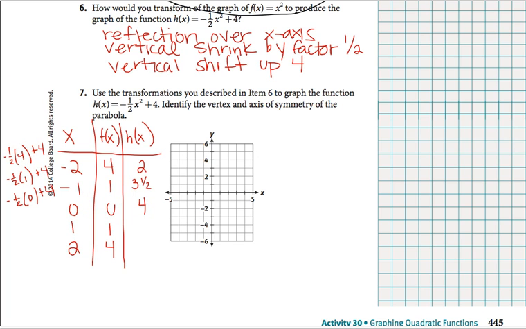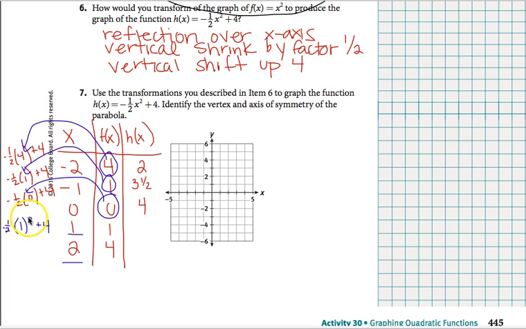Now, if you were doing it the other way, I'm trying to do half and half, so no matter what you prefer, this was using the values of f of x. So I plugged the f of x value in for the squared term. We can also just plug in the original x values. So if I do that into my equation, I've got negative 1/2 times, and now my x is 1 squared, plus 4.